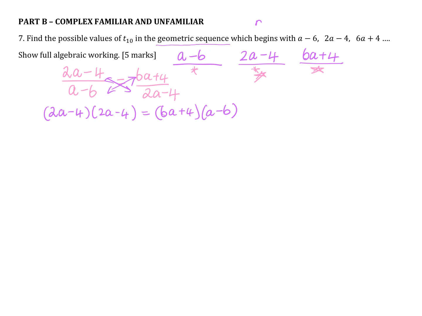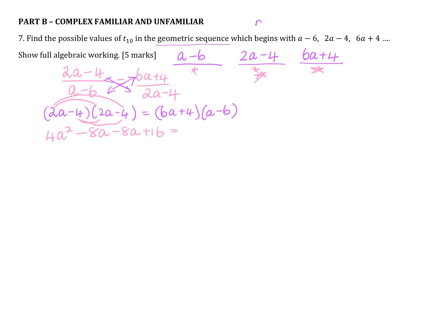I had people here expanding this, saying that's 4a squared plus 16. No, it really isn't. We need to multiply everything by everything. Do the FOIL thing right. This is going to be 4a squared first. Outside, that one times that one, minus 8a, inside, minus 8a, next one, plus 16.